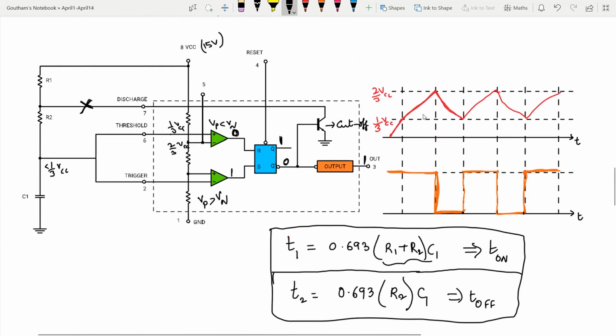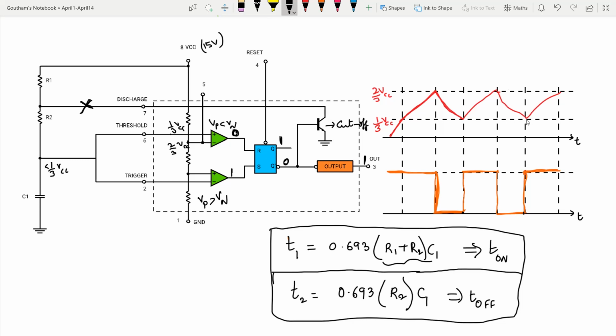This also always goes between 2/3 VCC and 1/3 VCC. While it is charging, it charges through R1 and R2. While it is discharging, the capacitor discharges only through R2, because the transistor provides the least resistance path, so the current wouldn't take the R1 path. Everything would go through this one, and it discharges.